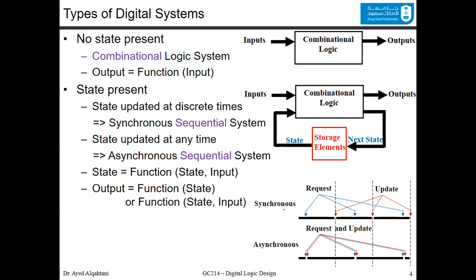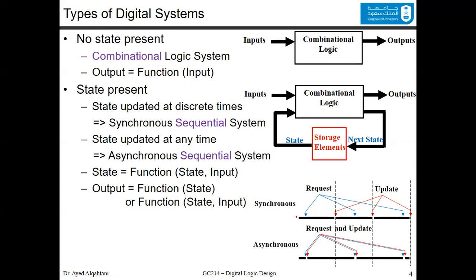This figure here shows you the difference between the synchronous and the asynchronous system. In the synchronous system, you have a certain request, but the update happens only at a specific time. As you can see, those dashed lines have a certain period. After the same amount of time, at the end of that period, you do the update.